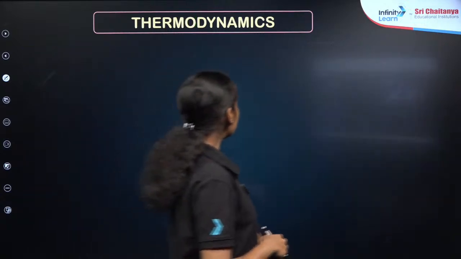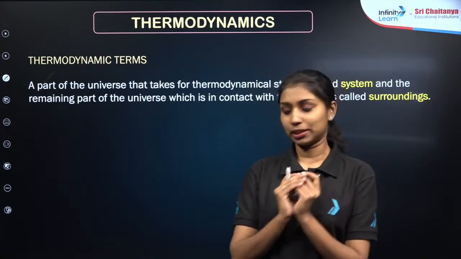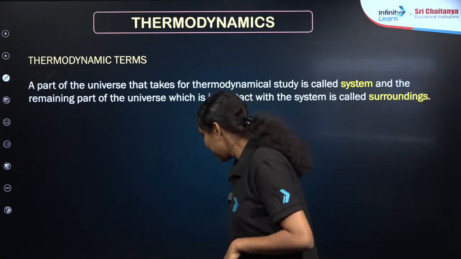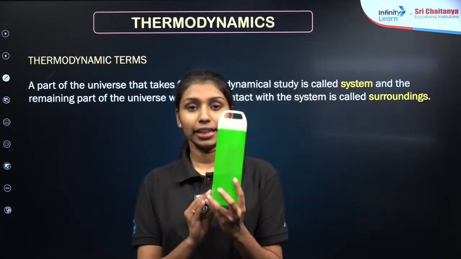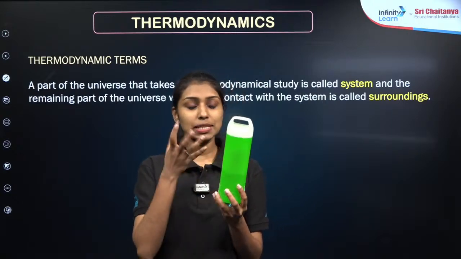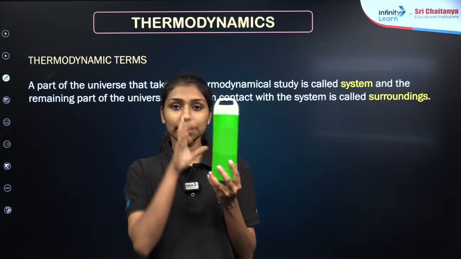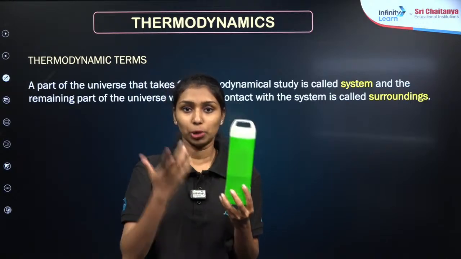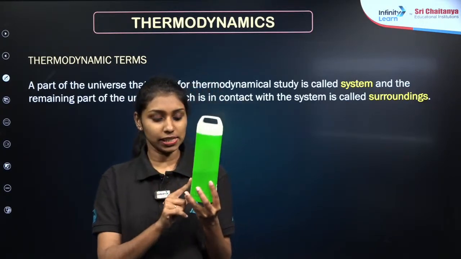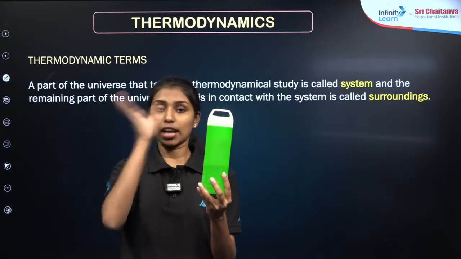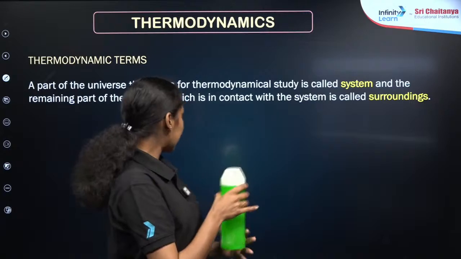Okay, now let us start with the thermodynamic terms. What do you mean by a thermodynamic term? For example, if I am taking a bottle of water here and explaining some reactions happening in this bottle of water, I can say that this bottle of water is under study, and all the space surrounding it we will call the surroundings.